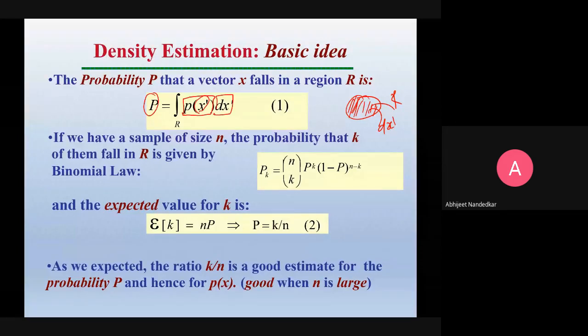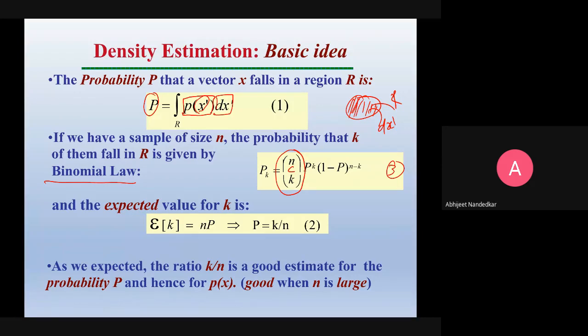So if I take this small portion and do the integration, whatever integration of the density is my probability. So if we have a sample of size n, the probability that k of them fall in R, the region of interest, is given by the binomial law. So I can call this equation 3. So this is P_k equal to nCk into probability P to the power k, into 1 minus P to the power n minus k.